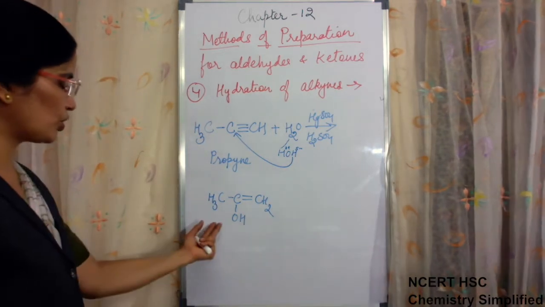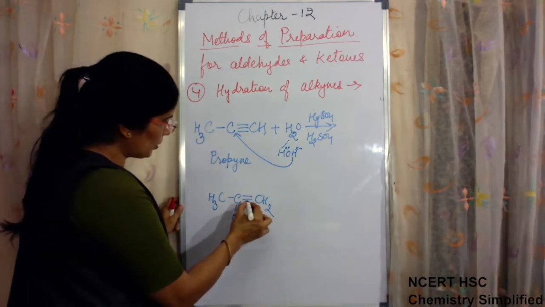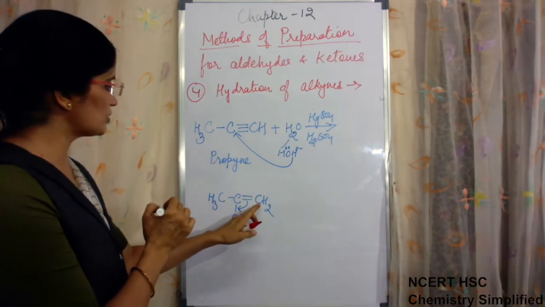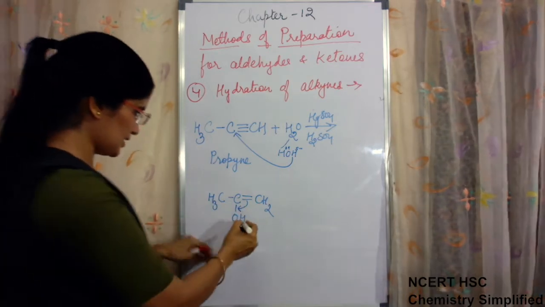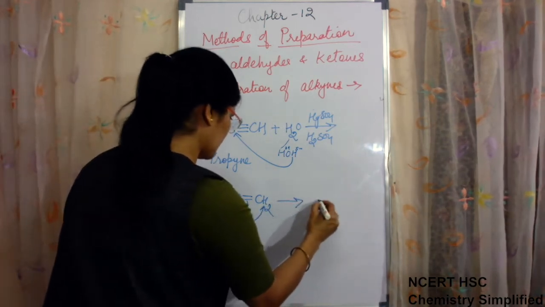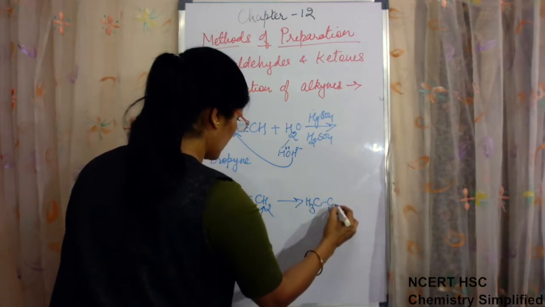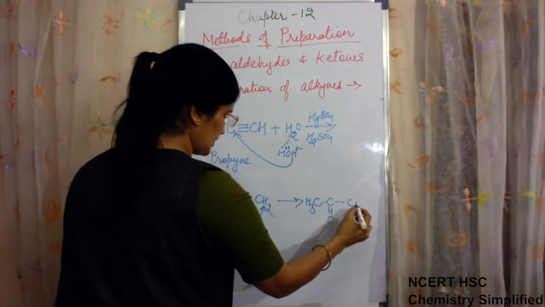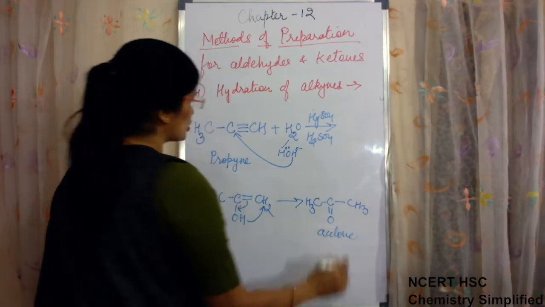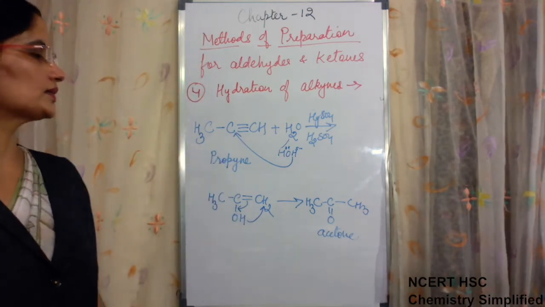Now again in this molecule, tautomerism rearrangement will take place and the double bond will come to this, and because the double bond is moving, this carbon will have one bond less, so this H will come here, and the final product will be CH3, C double bond O, single bond CH3, that is acetone.